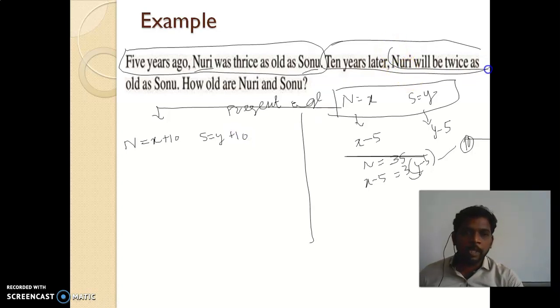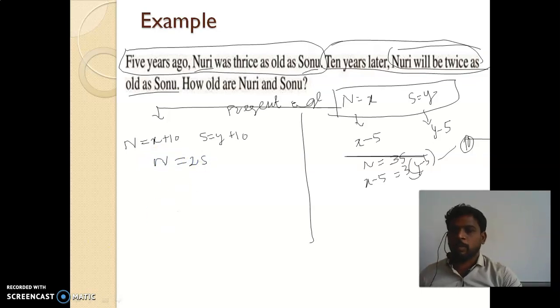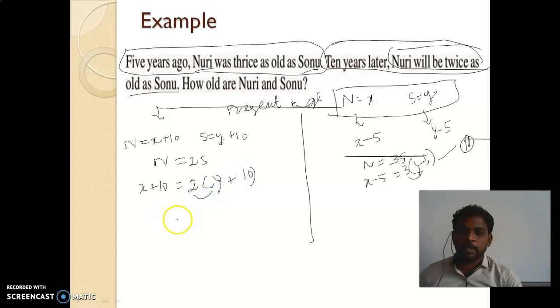Nuri will be twice as old as Sonu, so n, that is x plus 10, equal to 2 into Sonu's age, y plus 10. Now multiply 2 inside and simplify, that is equation number 2. So solve equations 1 and 2 and find the x value and y value.